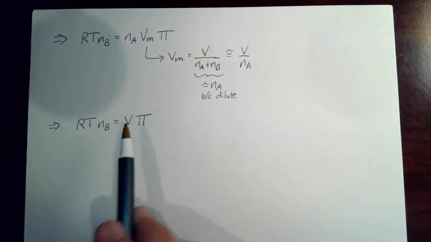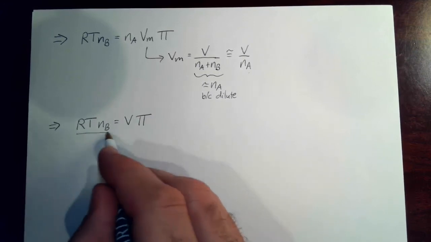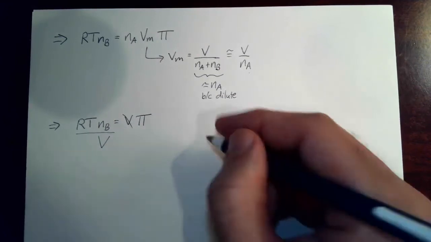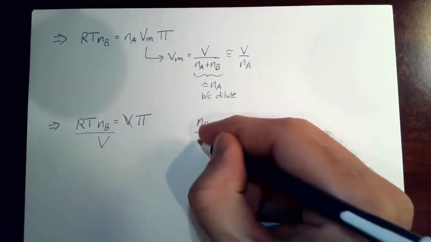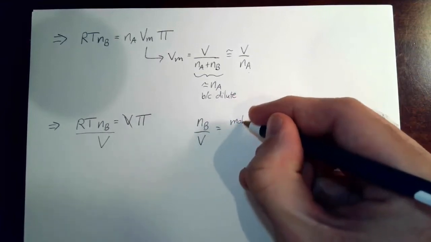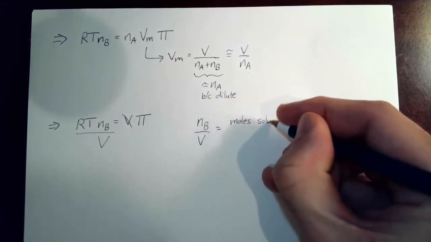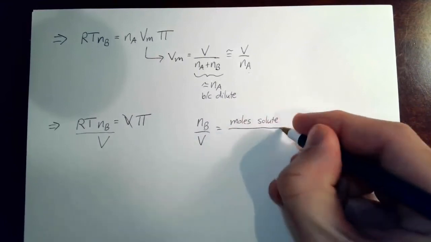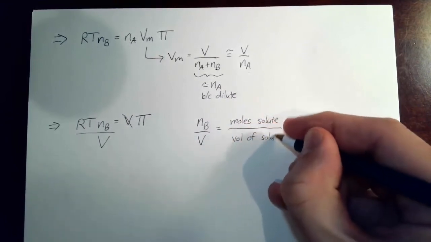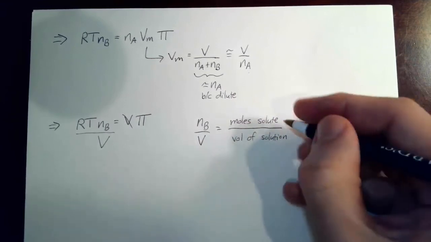Okay, now if I divide the V over, I have this Nb over V term. Let's take a look at that. So this is the number of moles of solute divided by the total volume of the solution. So this probably looks familiar to you.